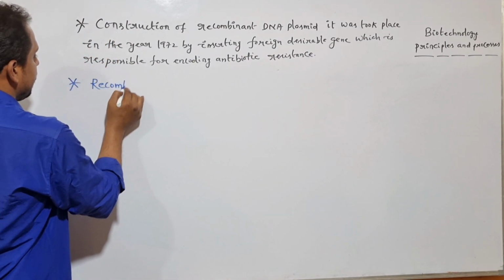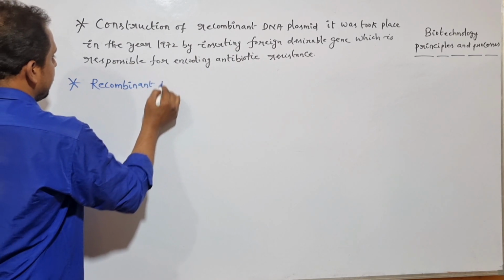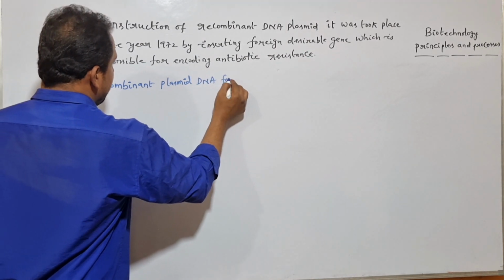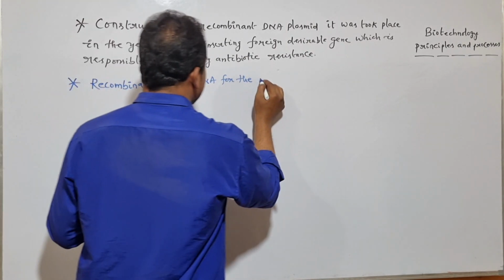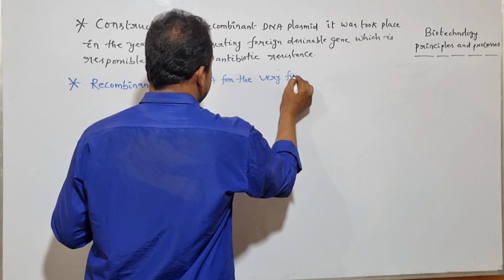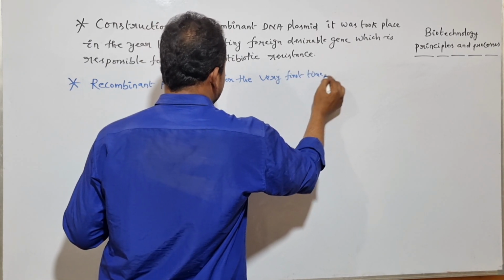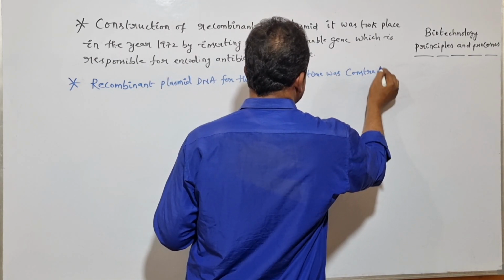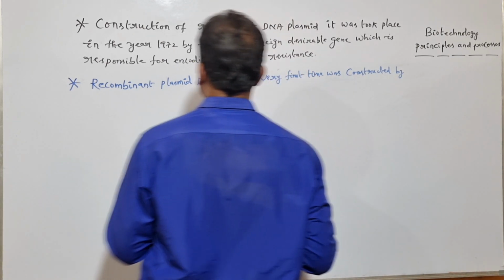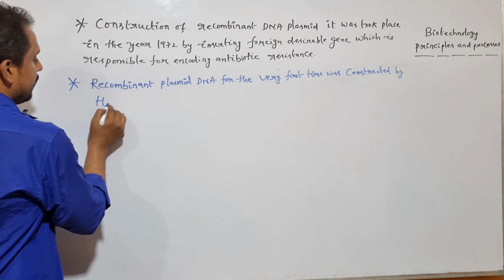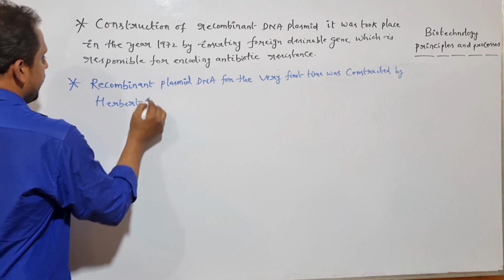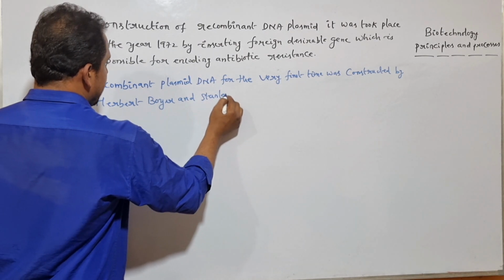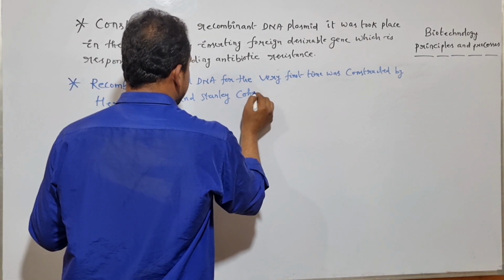Recombinant plasmid DNA for the very first time was constructed by Herbert Boyer and Stanley Cohen in the year 1972.